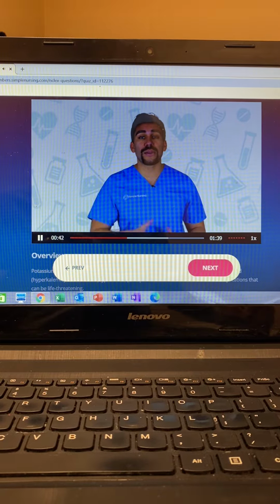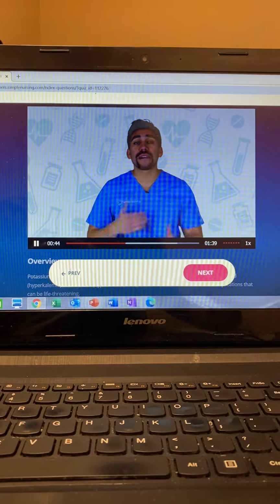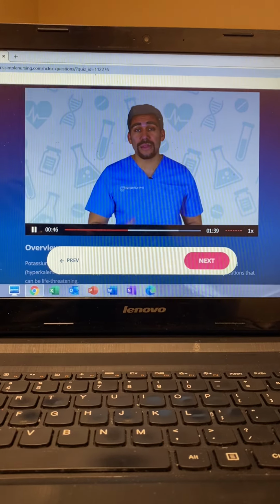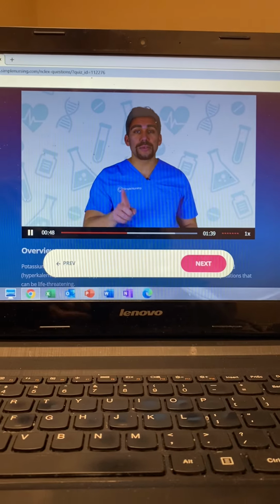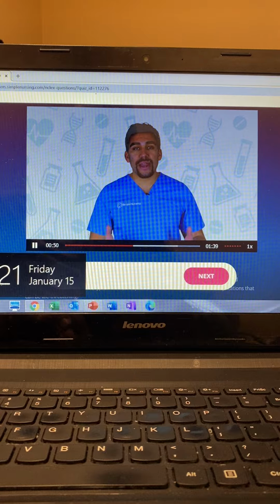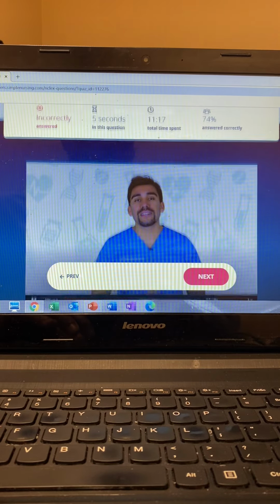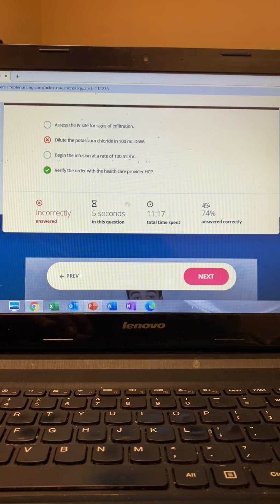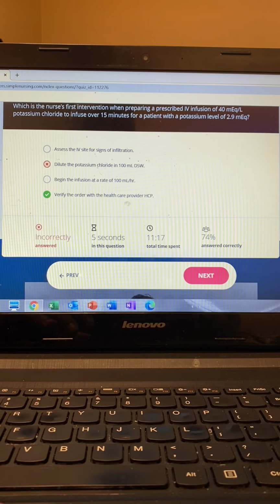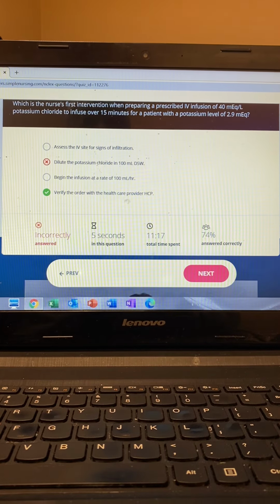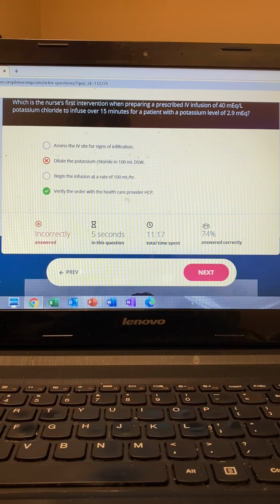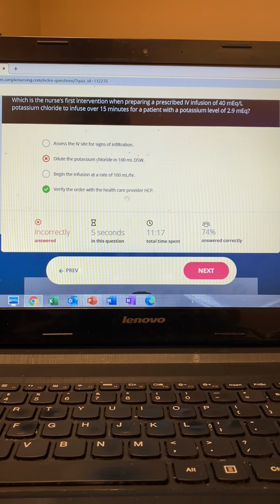So a solution that we're considering here is clarifying with the HCP or that provider. So option number 1, guys, it's incorrect. We have good access to an IV site, but this doesn't address the actual order itself. Option number 2, you technically can dilute potassium in D5W, but it doesn't change the order itself.